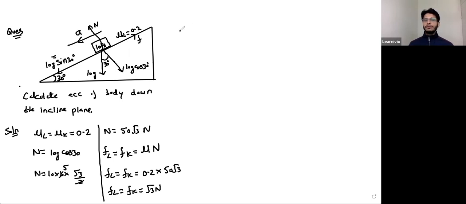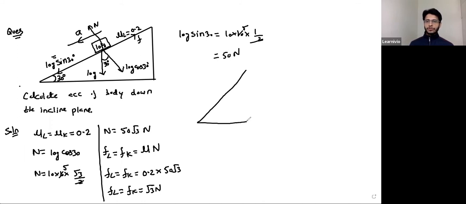Next, calculate the value of this 10 g sine 30. 10 into 10 into sine 30, which is half. So that's 50 Newton. So if I look at this inclined plane, then over this inclined plane, this body of 10 kg is placed. Force of 50 Newton is acting down the plane, and a frictional force of root 3 Newton is acting up the plane.